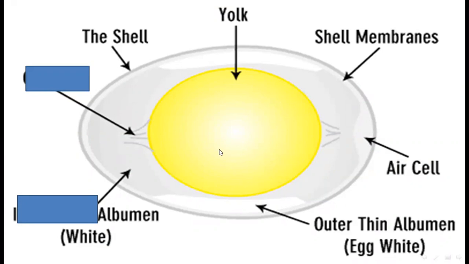This one is called the egg yolk and this is the egg white, which is also called albumin. These two parts of an egg contain all the nutrients needed for the growth of the embryo. So you must keep it in mind, that one is called yolk and that one is called egg white or albumin.